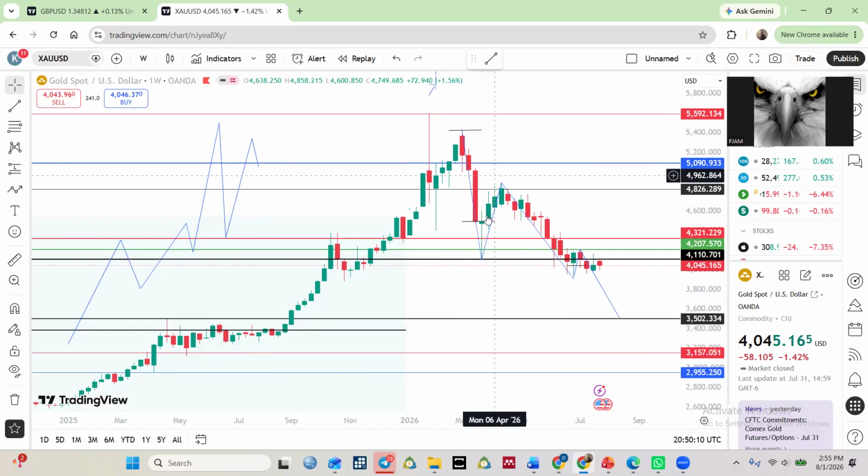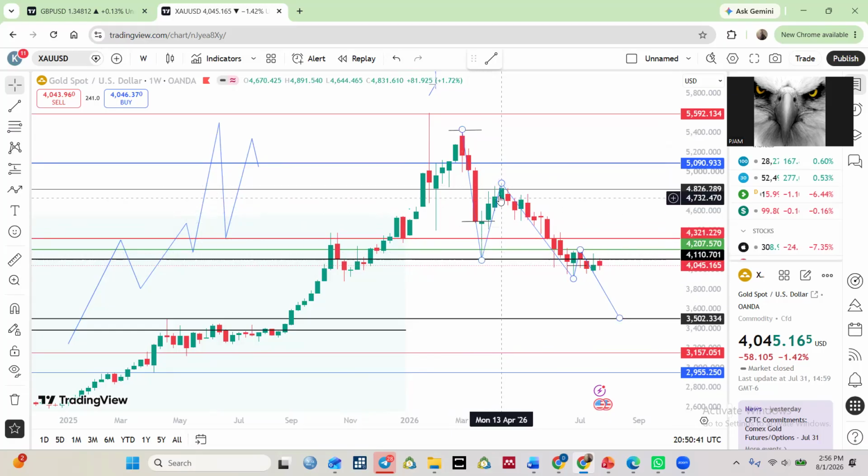Yes. So I'm using the wicks also because it is where the market got to before it started going up. For example, from the top here, it came to stop here. You see this big candle ended here. But the next candle came down and touched here, and then went up again before the next candle closed.